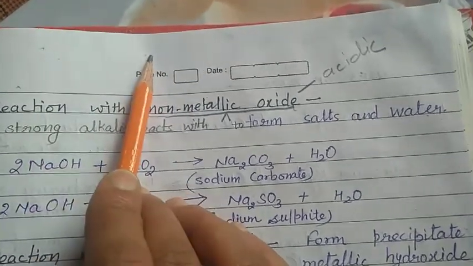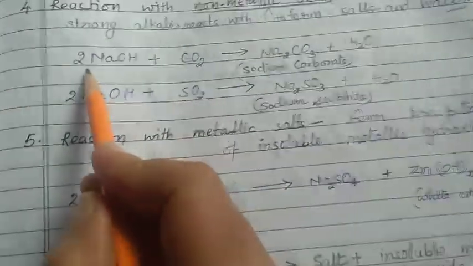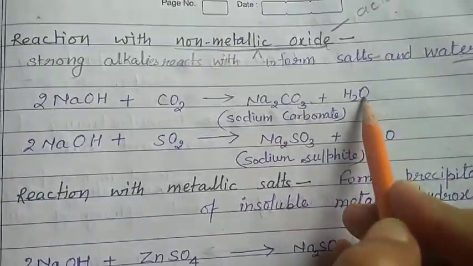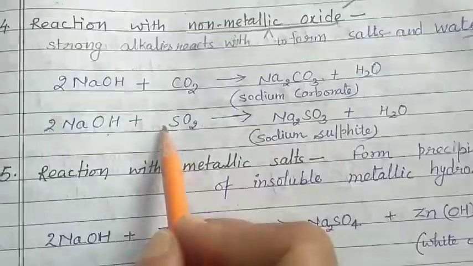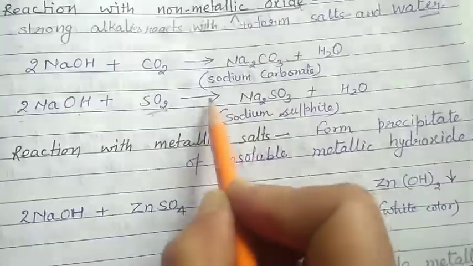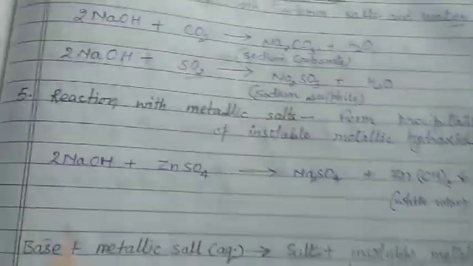And base plus acid gives you salt and water. So here 2NaOH plus CO2 gives you sodium carbonate salt plus water. 2NaOH plus SO2, a non-metallic oxide, which is acidic in nature, will give you sodium sulfite plus water.